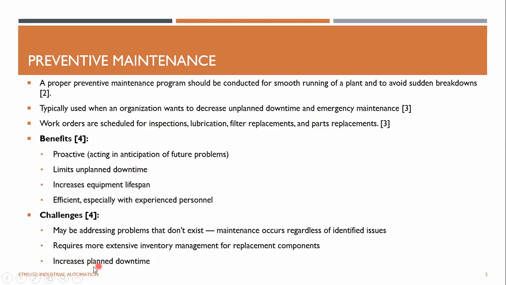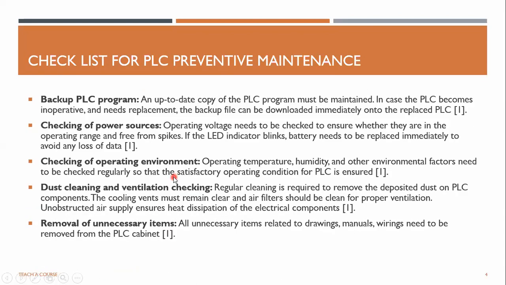But planned downtime is also for maintenance: you have to shut down your production line and wait until the maintenance is done. So if you do it every month, you have to stop the production line every month for this preventive maintenance. So it increases the planned downtime.